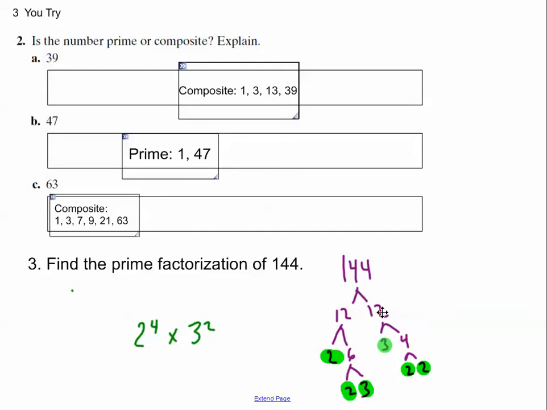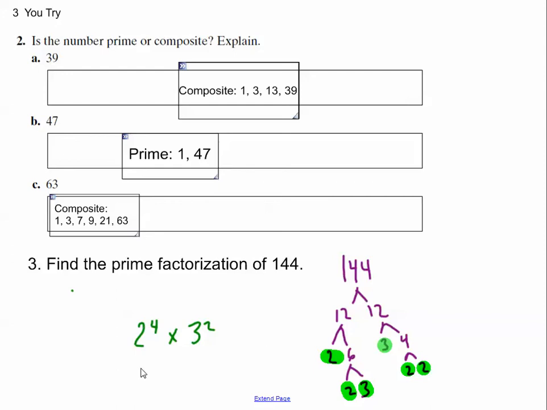For this 12, notice I took a different route. I did 3 times 4. So 3 was my first prime number that I got. And then 4 breaks down into 2 and 2. So it doesn't matter how you decide to break up the numbers, because eventually your prime numbers will all be down here at the bottom.